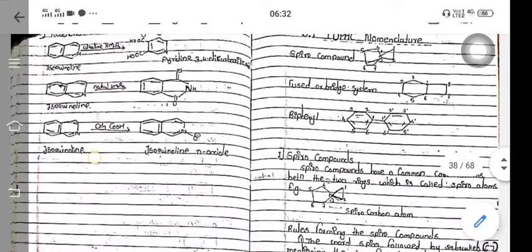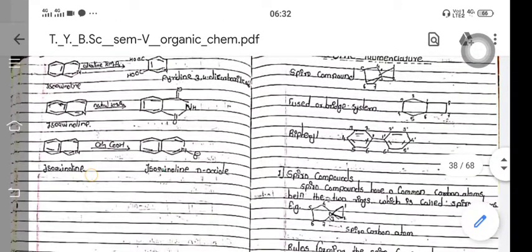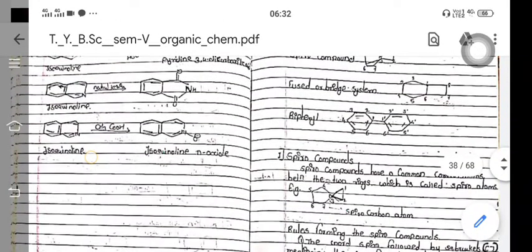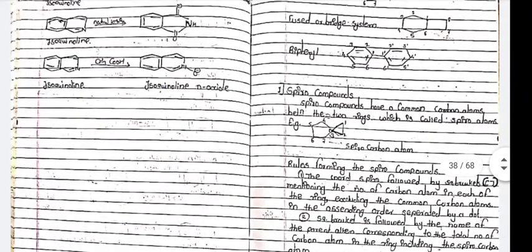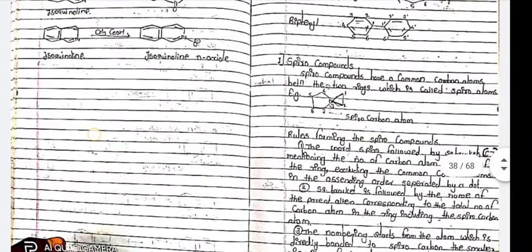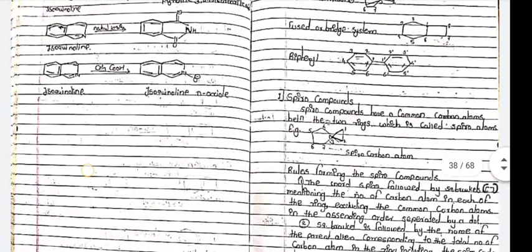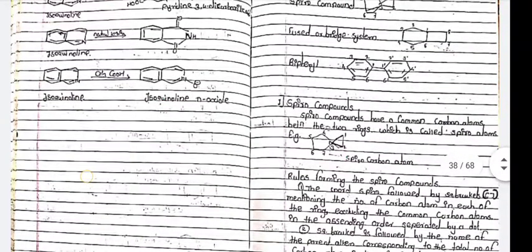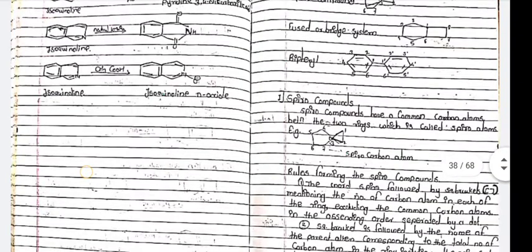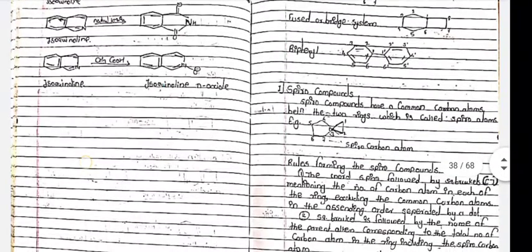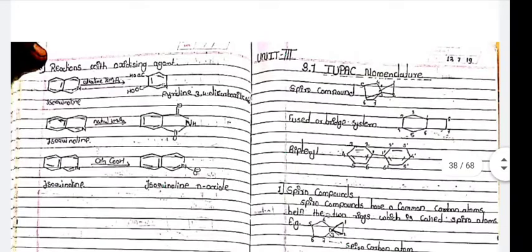So we know that spiro compounds are compounds having one carbon atom common between the two rings, attached at that one point, and the carbon atoms in each of the rings, excluding the common carbon atom, are counted in ascending order.